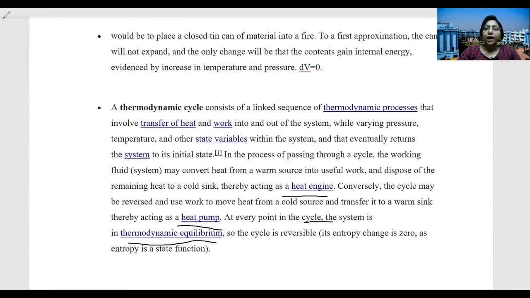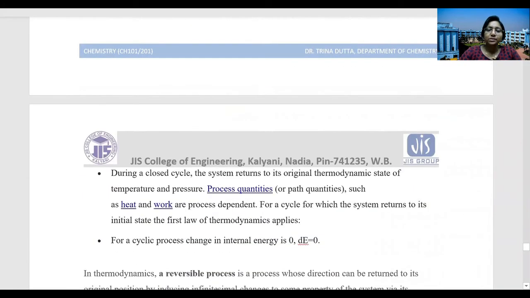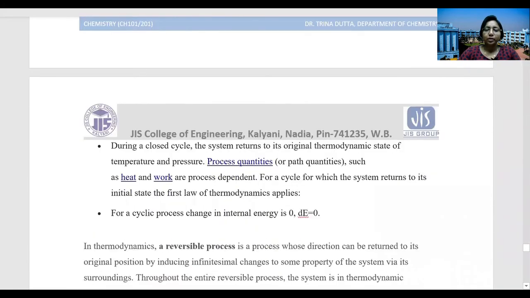Okay, so now, what is the reversible process and what is the irreversible process?